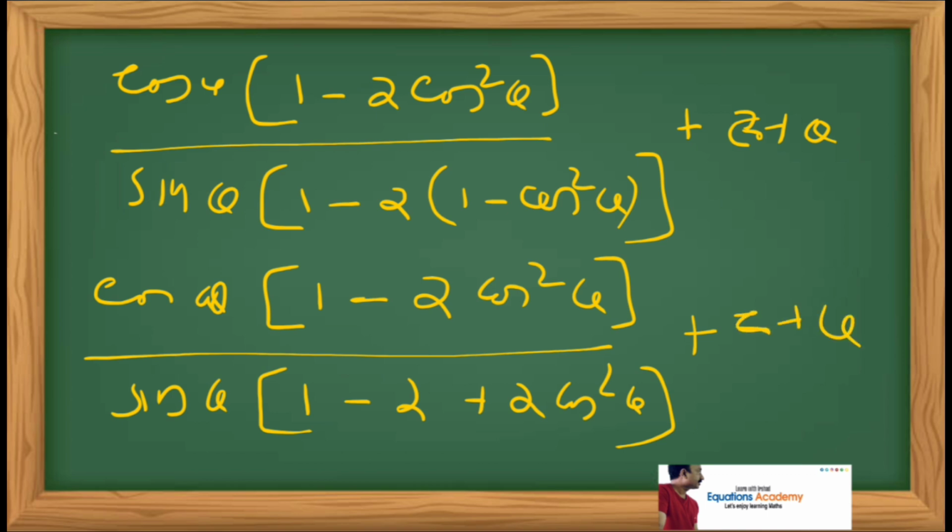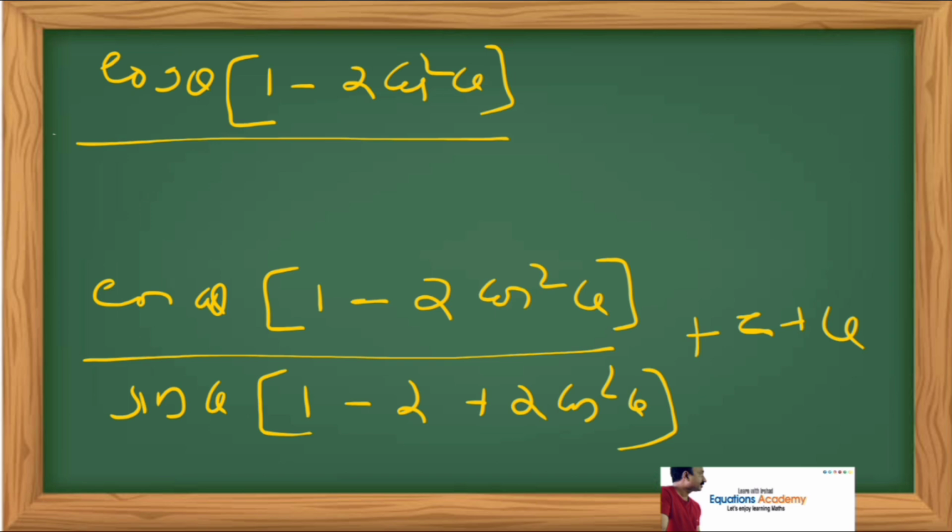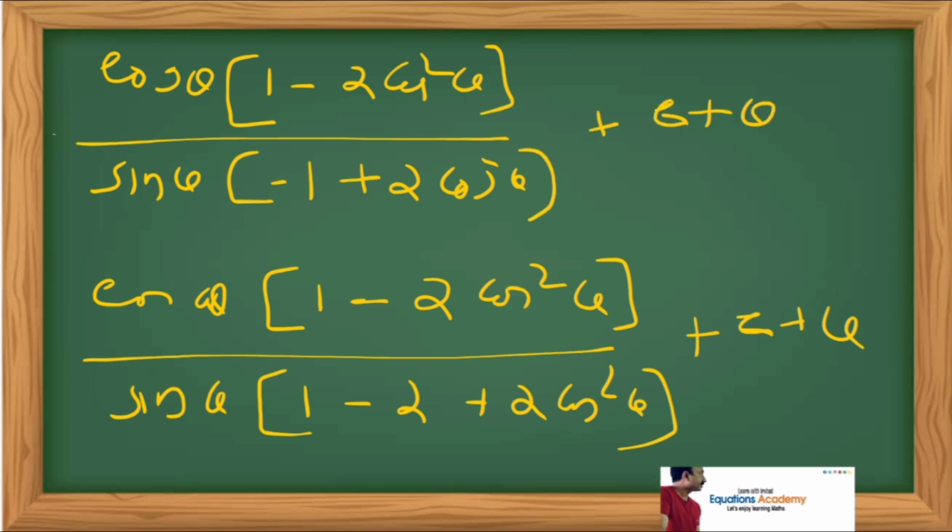This is equal to cos theta into 1 minus 2 cos square theta divided by sin theta into 1 minus 2 is minus 1 plus 2 cos square theta, plus cot theta.